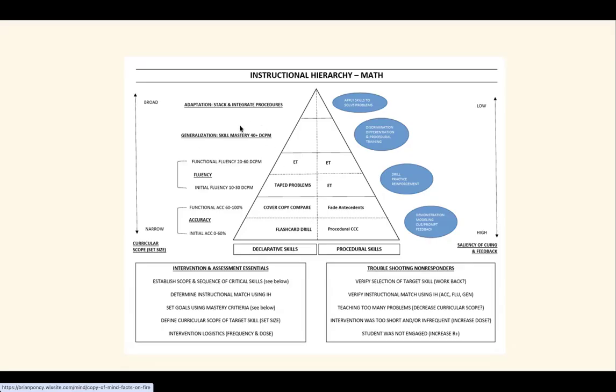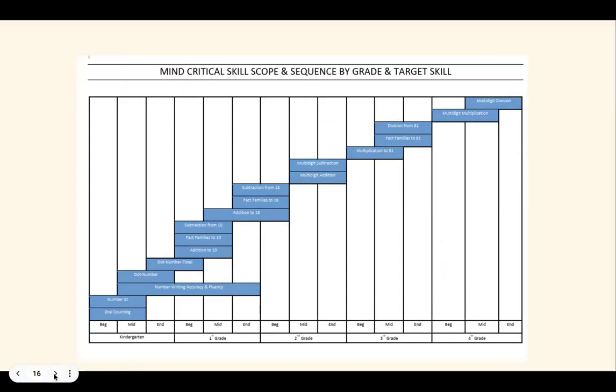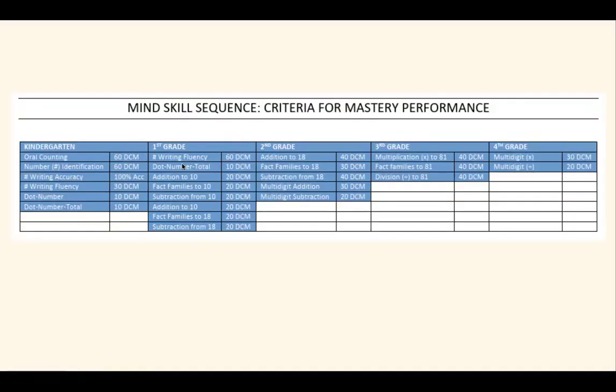So along with this information on the Mind site, we also have a look at what the scope and sequence looks like by grade level and target skill. And then the other resource that you will be able to find on that website are the markers for how many digits correct per minute your students would be wanting to shoot for in order to gain mastery or automaticity.